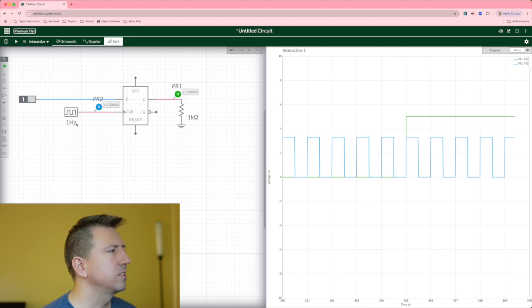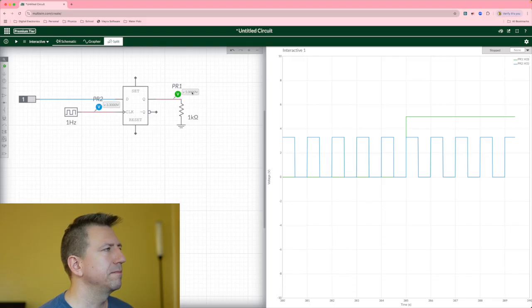I have a 1 Hertz clock, so we can see this happening in real time, and the clock is positive edge triggered, so we should see changes in the value of Q based on the positive edge. Don't worry about the set and reset, we can get to that in a later video, but I do want to look at the output Q. We are measuring its value here with this green probe V. And this blue probe V is the clock.